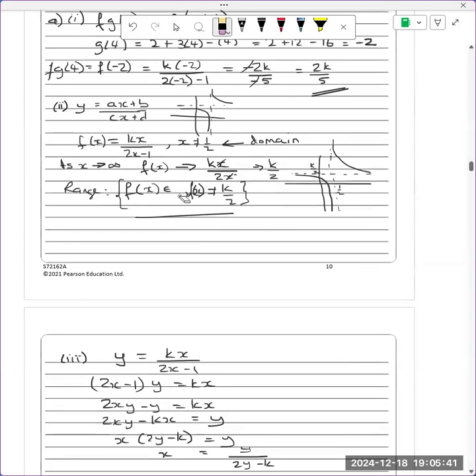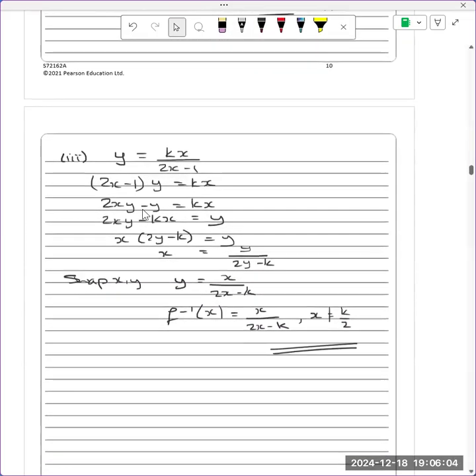I'm just going to tidy this up. Sorry, this is an absolute mess here. So f of x is in the set of real numbers, but f of x is not equal to k over 2. Sorry, that's the range.